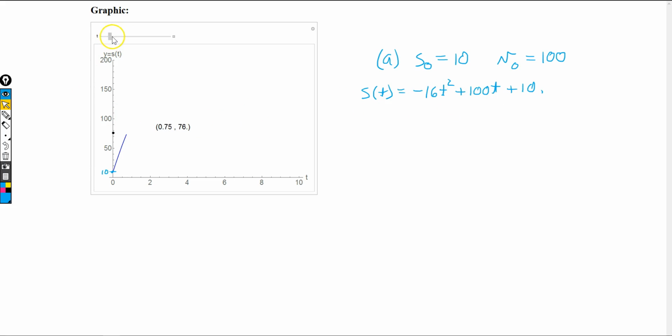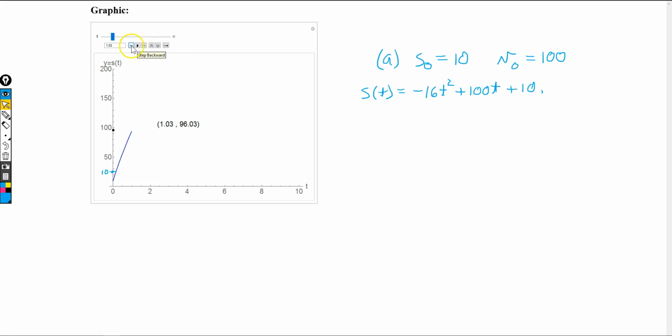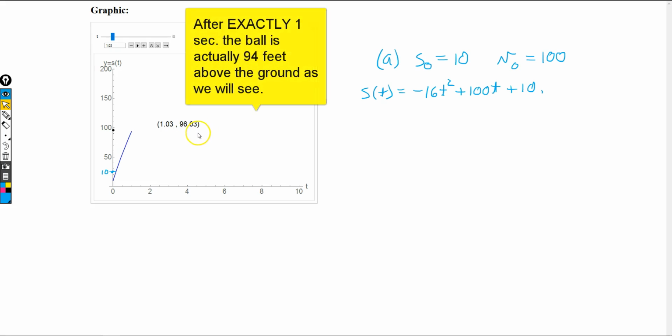So notice that if I continue throwing the ball upward, after 1 second, the ball is about 96 feet in the air. So that is 96 right there.